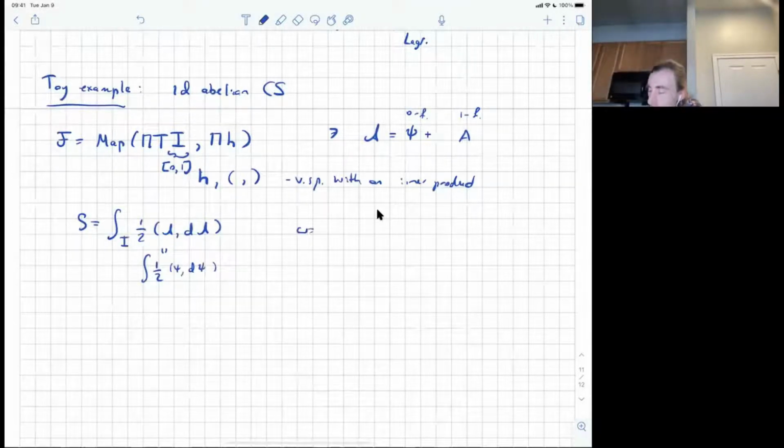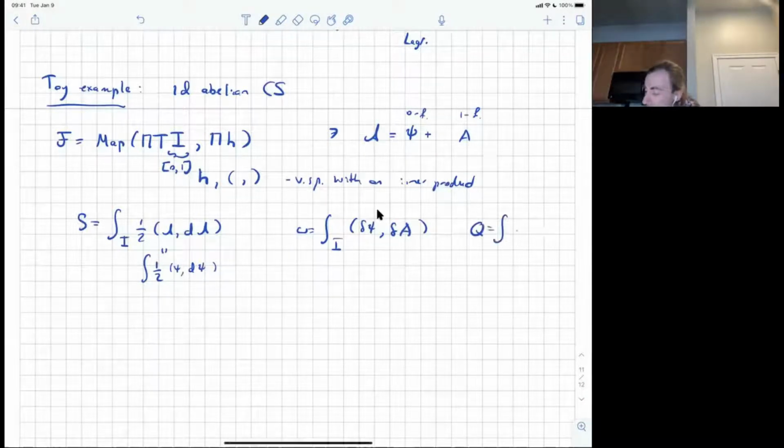Then there is the odd symplectic form, which I can write either in superfield or in components. Let's say in components, it is this one. There is the BRST operator, which is essentially the integral of d psi d over dA.